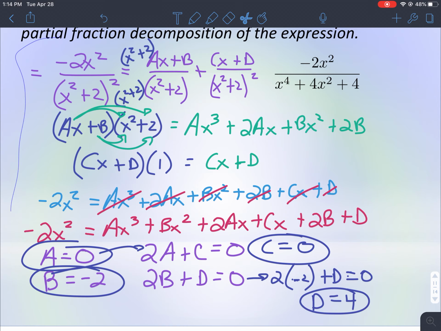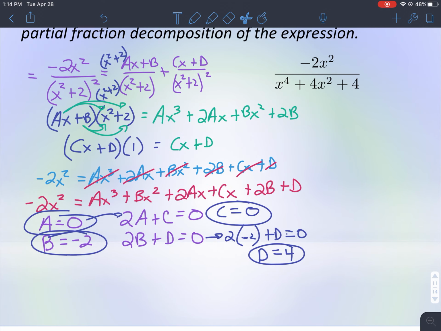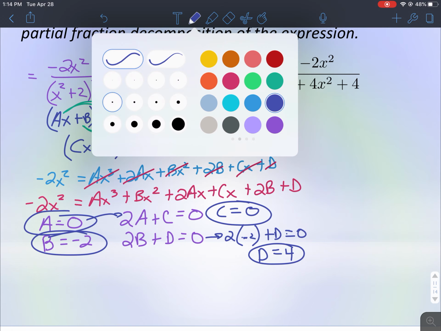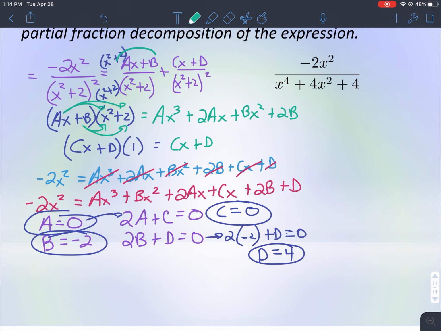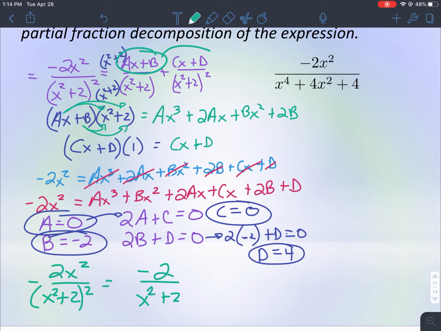Let's put it all together. We have negative 2x squared over x squared plus 2 squared should be equal to A is 0 and the B is negative 2. Here the C is 0 and the D is 4.